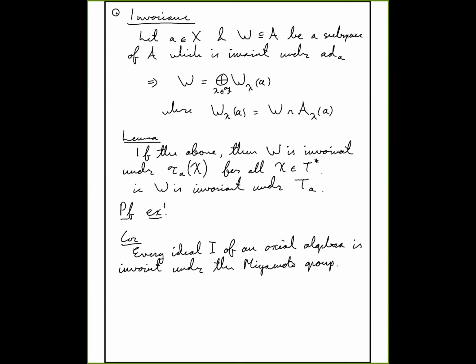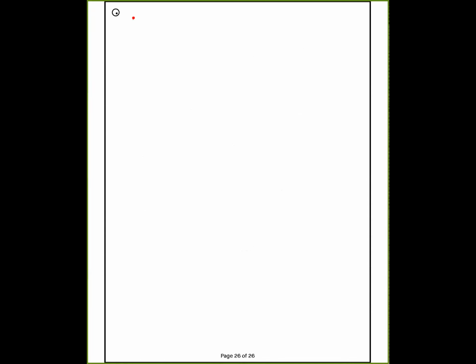And now I can prove my theorem here, which I think I can't quite fit on the gap at the bottom of the page. So let me move to a new page. So, theorem: generation of axial algebras is stable.